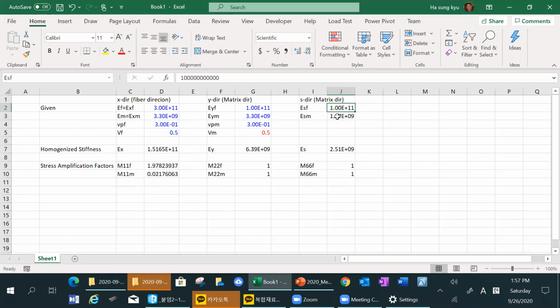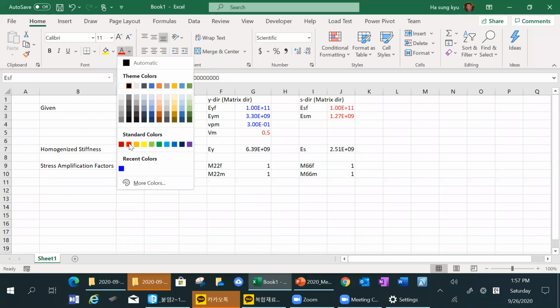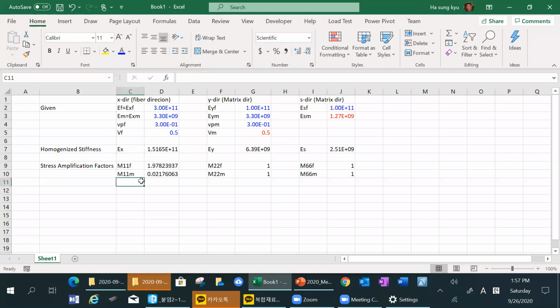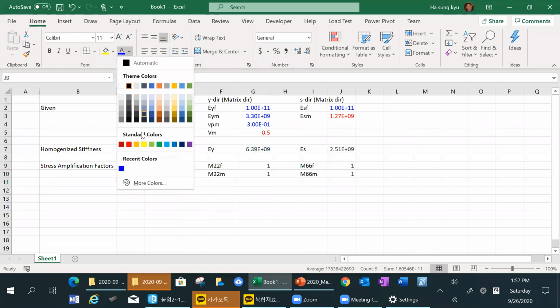This is also a dependent variable, and this one is the independent. So all you need to do is enter the number in blue, and all the others are, of course, dependent. I mean, they calculate the values. This one is also generally dependent.